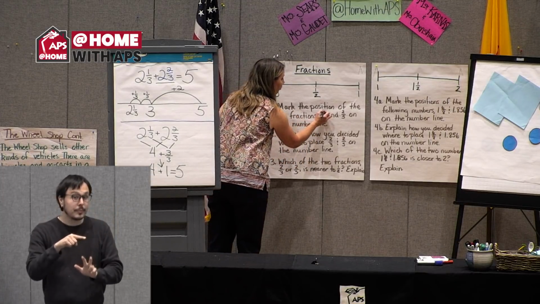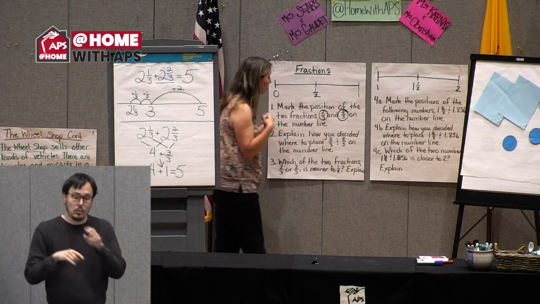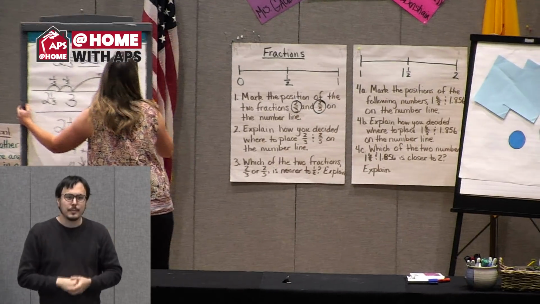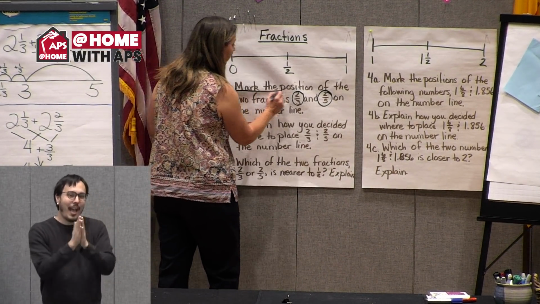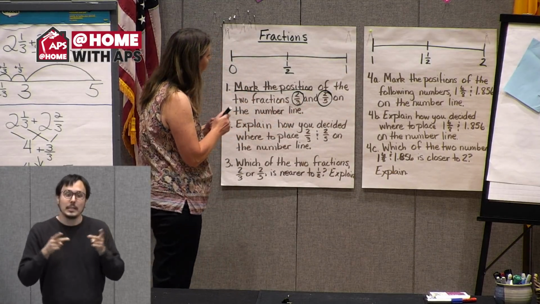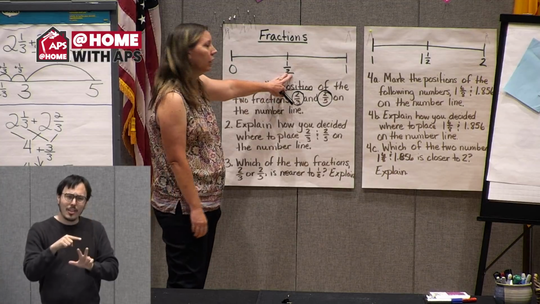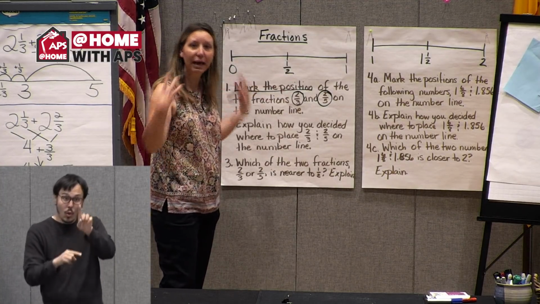So we know we have to do 2/3. We know we have to do 2/5, and then what are we being asked to do? Thank you. Yes, we're asked to mark the position. So if I was looking at this 2/3, how could I do this? Because whoever did this to me put a half in the middle and messed me up.